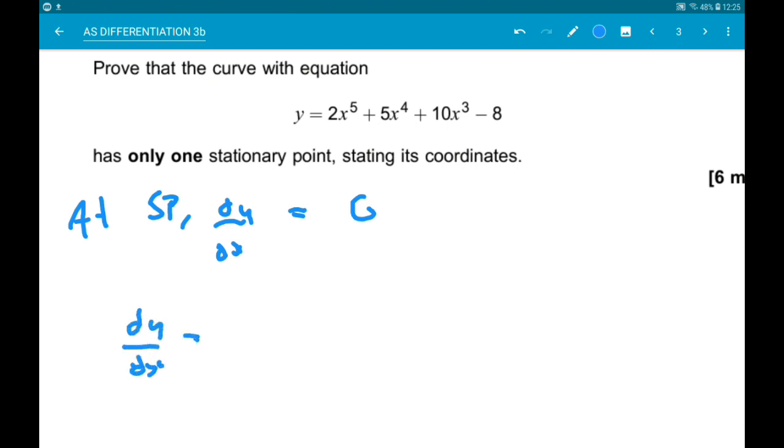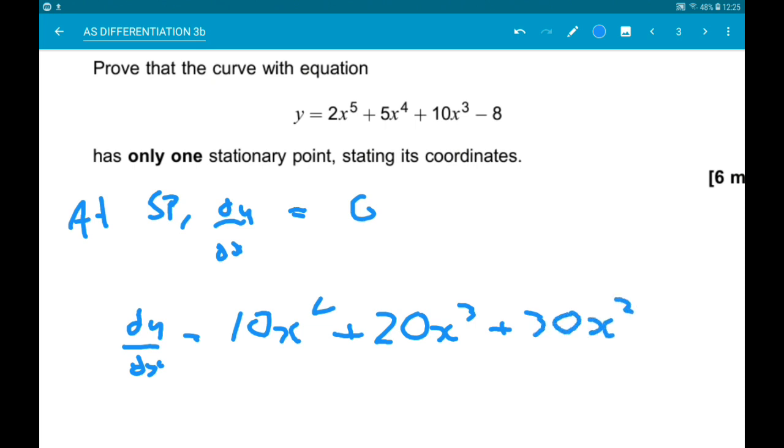So we are going to get 10x to the power 4 add 20x cubed add 30x squared. Okay, so we are now going to set that equal to 0.